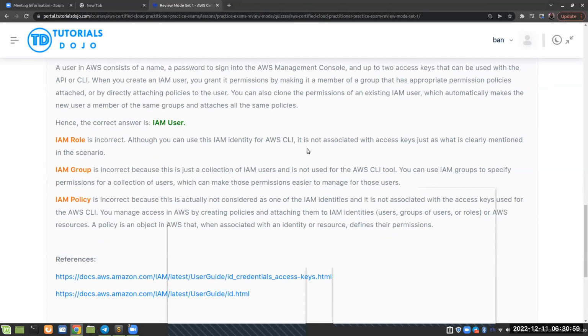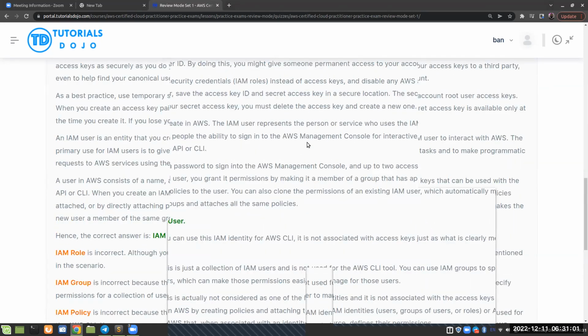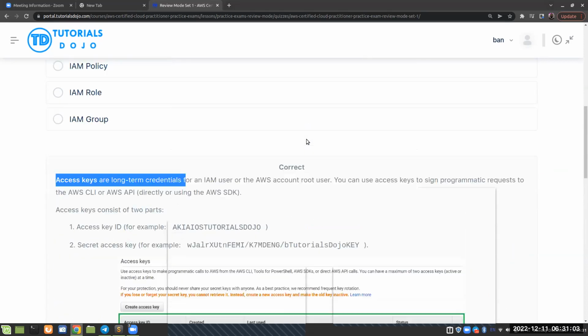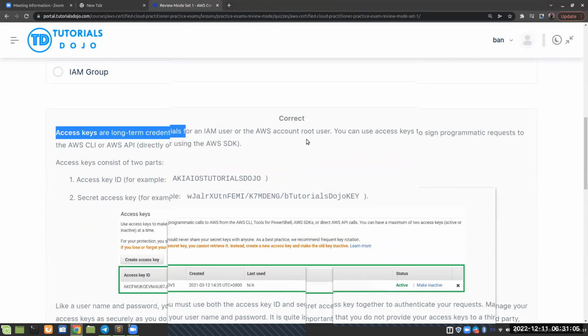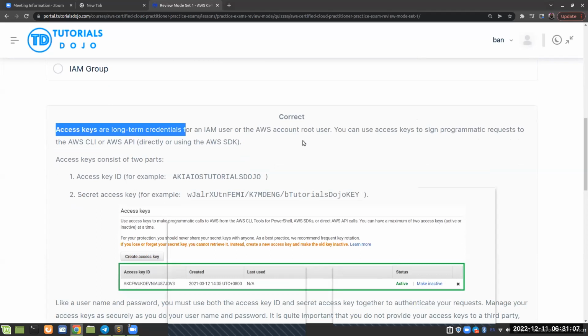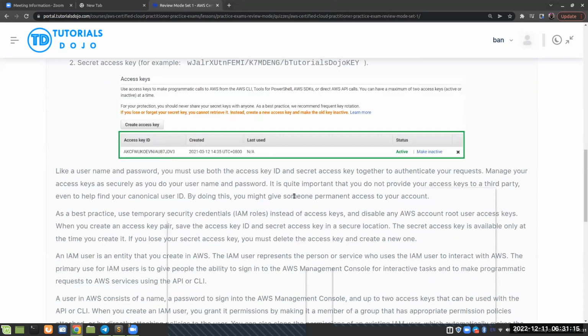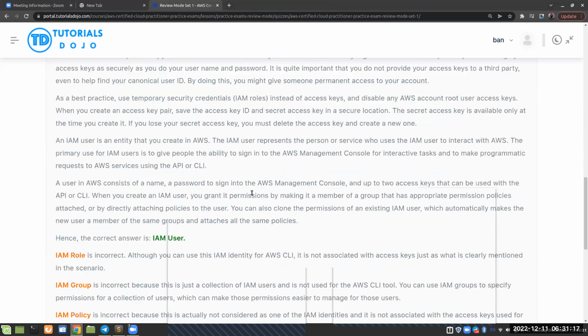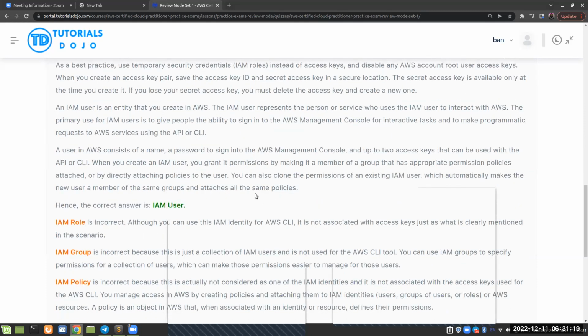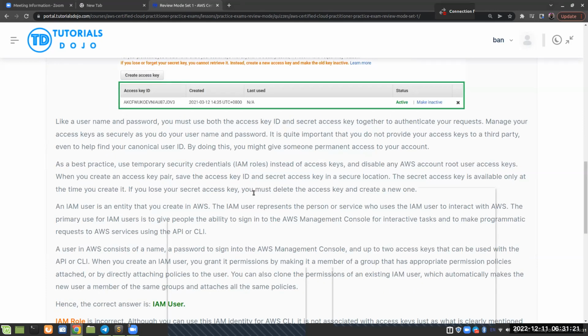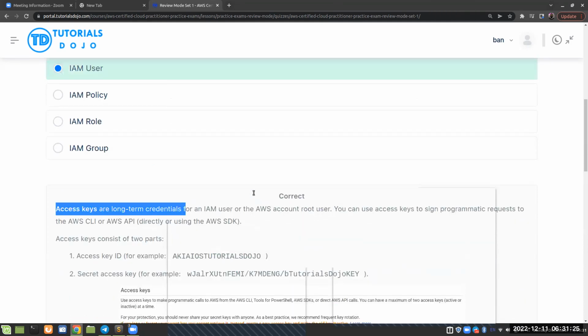Yes, please, go ahead. What are the credentials for an IAM role? Are they also keys? Yes, they are also keys. They have access keys, made up of an access key ID and a secret key, but they are temporary. So why is the IAM role not the answer for this question?